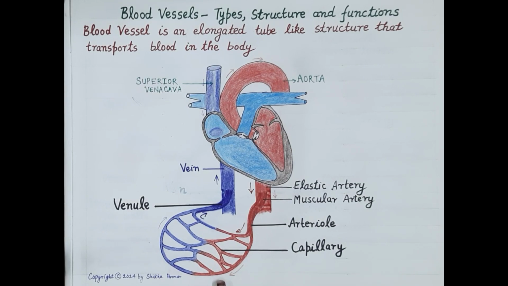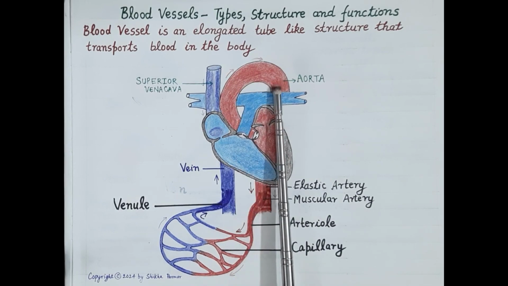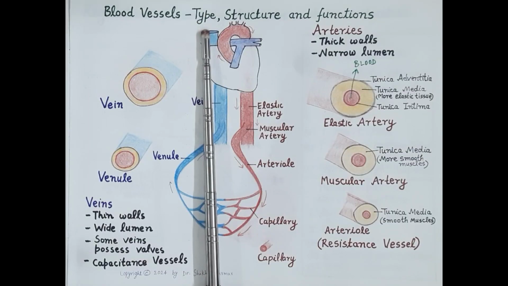Now this closed circuit transports oxygenated blood from the heart to all the body tissues, and from all the body tissues, this deoxygenated blood is carried back to the heart. So a blood vessel is a tube-like structure, and the main function of a blood vessel is to transport the blood.